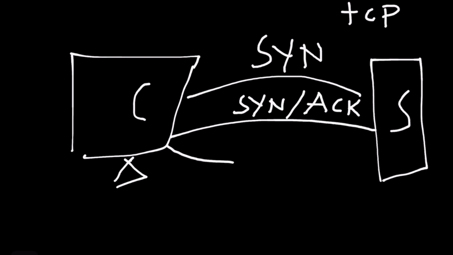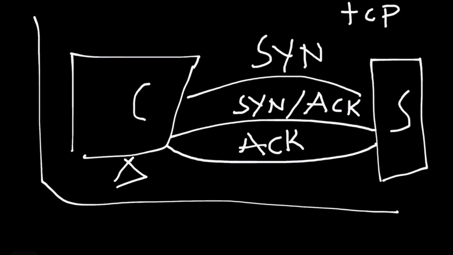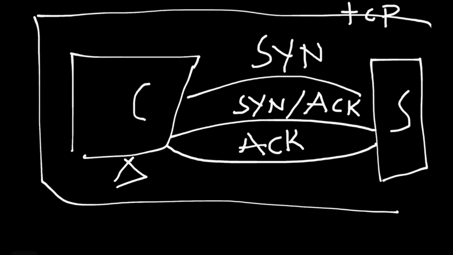Then the client will acknowledge the server. Like, thank you very much, server, for being open for a connection. This is how the handshake works. So they all agree on specific protocols to use, a specific cipher suite to use, a specific algorithm to use, and everything during this handshake.